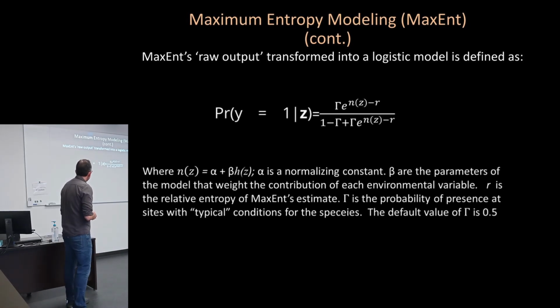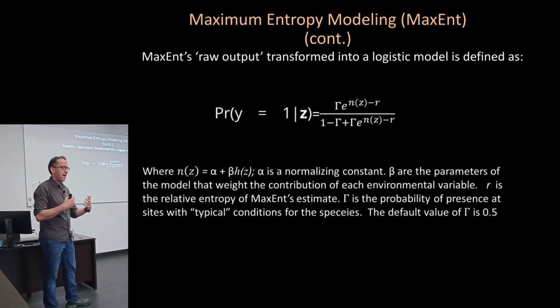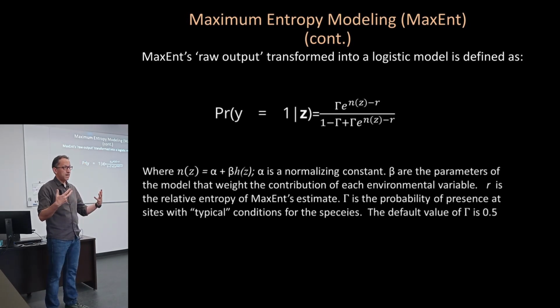So again, I'm not going to go through the details of the mathematical model, but the output that maxent produces can be interpreted as a suitability value. In other words, what maxent produces is a map or a spatial layer that says these areas are more suitable than these ones.